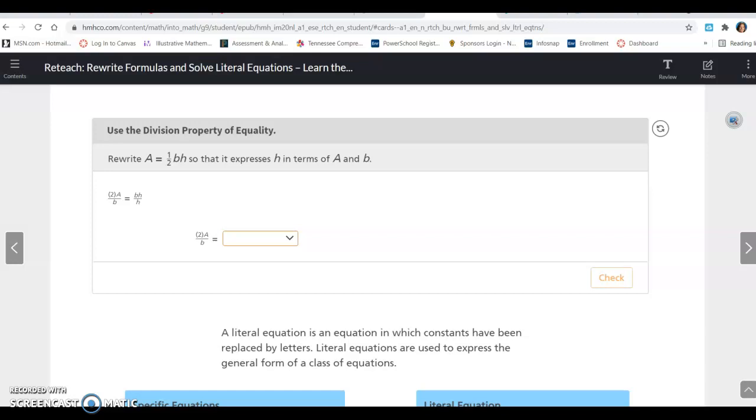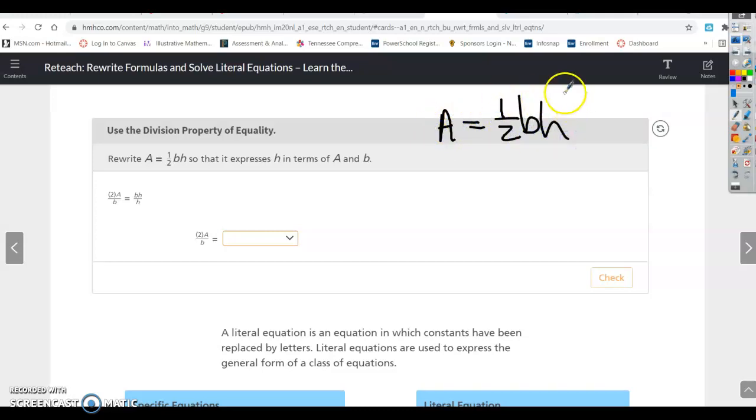Alright, then it says solve here. Alright, I'm actually going to take and write this down so that you can see what we're doing here. So we have A equals 1/2 base times height. And then in the last step, we multiplied everything by 2. So 2 times 1/2 is 1. So we were left with 2A equals BH.